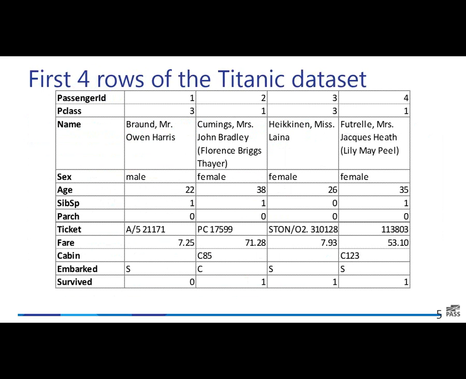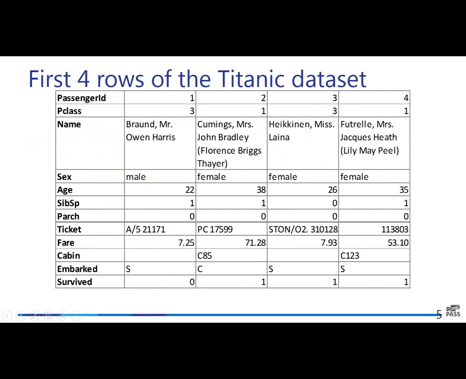Now, we're going to be analysing data of the passenger list from the Titanic, and here is an example of the first 4 rows of the data set. So let me take you through the first couple of examples to explain it. You'll notice that where we've got SIBSP and PARCH, we've explained those already.